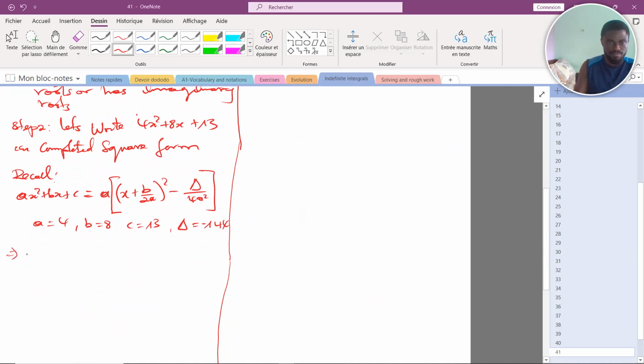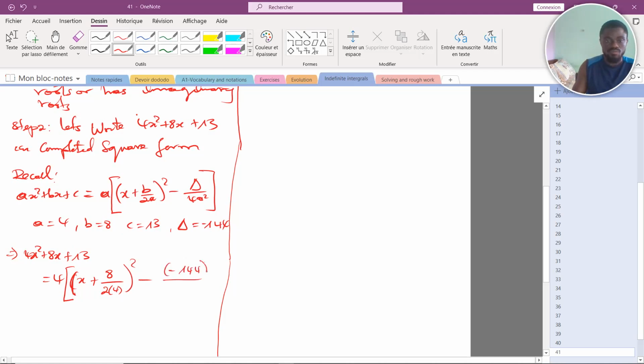So this implies 4x squared plus 8x plus 13 will be equal to 4 into (x plus 8 over 2 times 4) all squared, minus, our discriminant being minus 144, all over 4a squared, which is 4 times 4 squared.